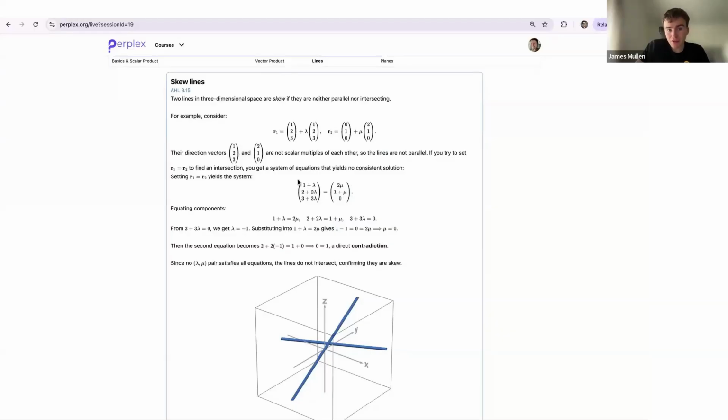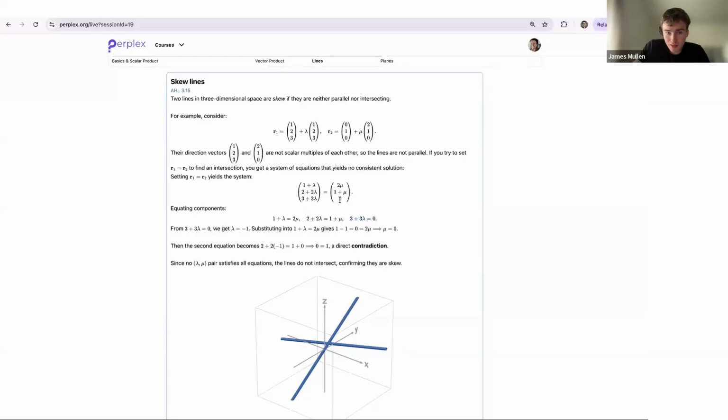So if the direction vectors are not scalar multiples of each other, then the lines are not parallel. And then when you try and set them equal to each other, you will find that there's no solution. I was mentioning this earlier. So if you set them equal to each other and you try and solve this system, you'll find that if you equate the components, 1 plus lambda is equal to 2 mu, 2 plus lambda is equal to 1 plus mu, 3 plus 3 lambda is equal to 0.